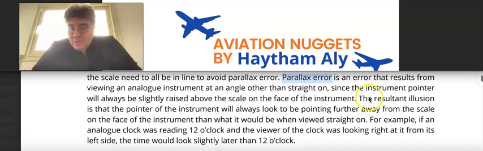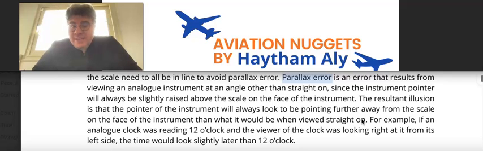Okay, everybody? So the resultant illusion is that the pointer of the instrument will always look to be pointing further away from the scale on the face of the instrument than it would be when viewed straight on.